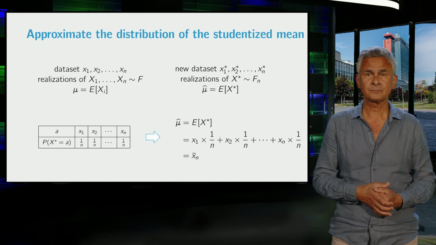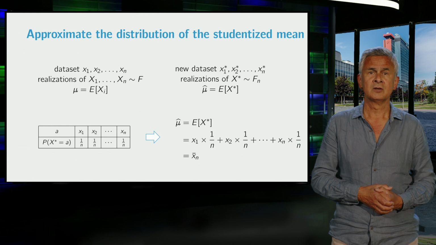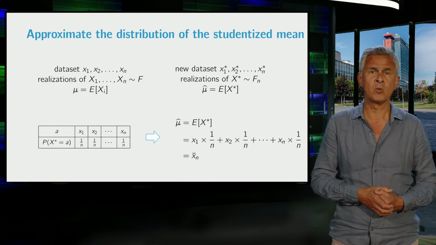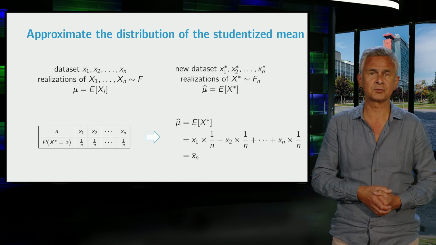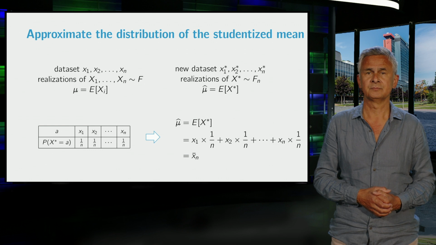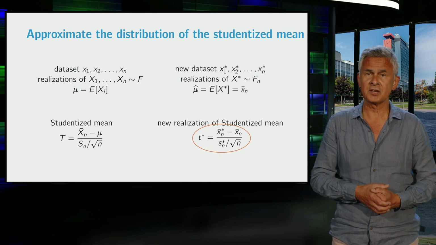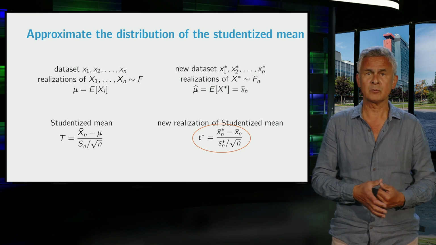And therefore, its expectation is equal to the summation of the Shoshone ratios multiplied by their probability 1 over n. And this is equal to the sample mean of the Shoshone ratios. Hence, for each new dataset, the new realization of the studentized sample mean is given by the following ratio.